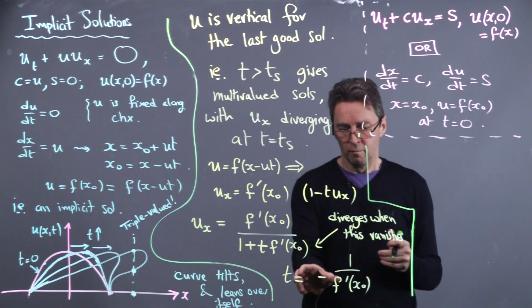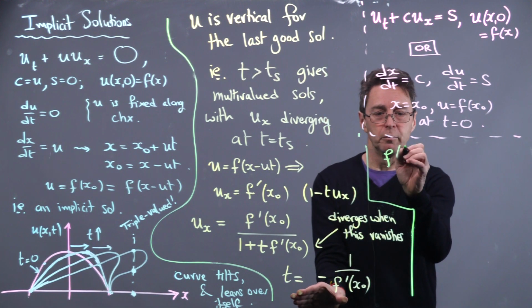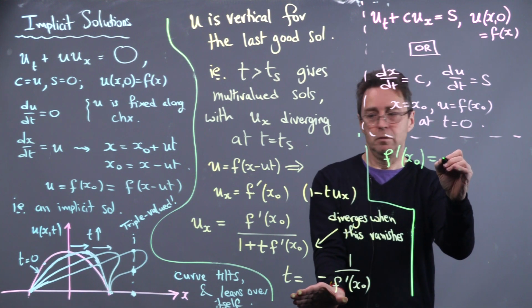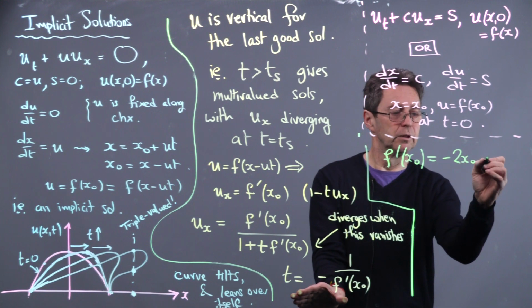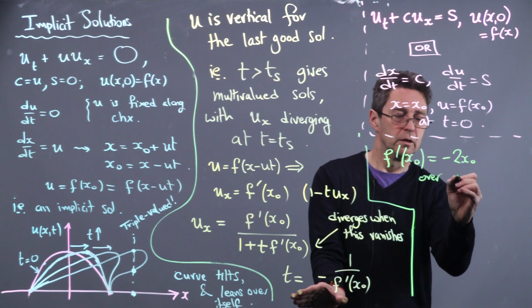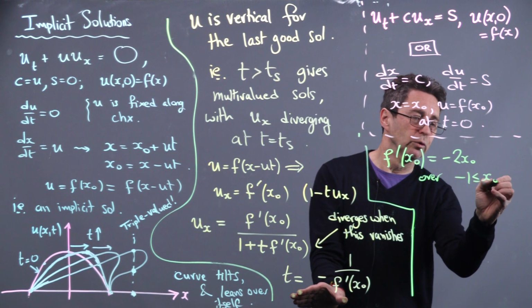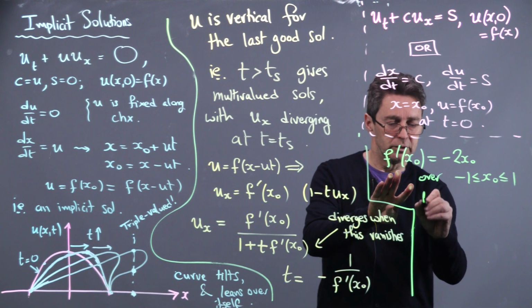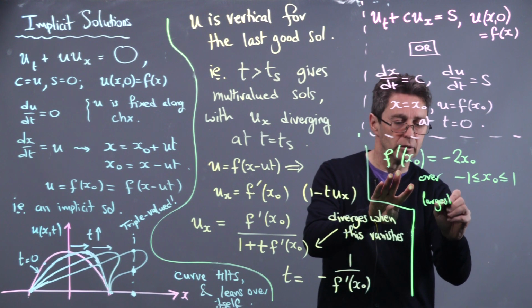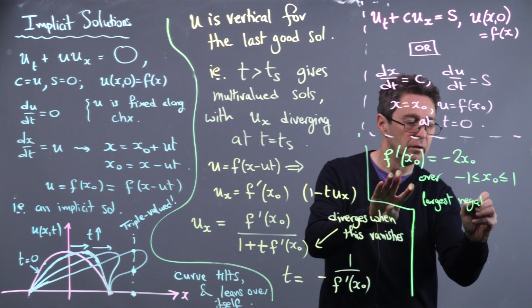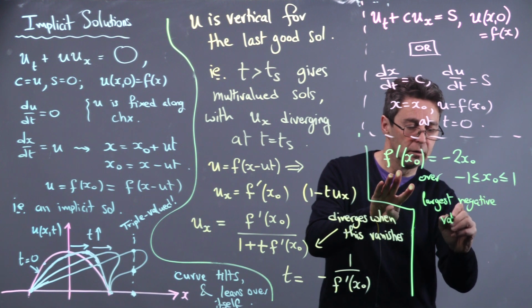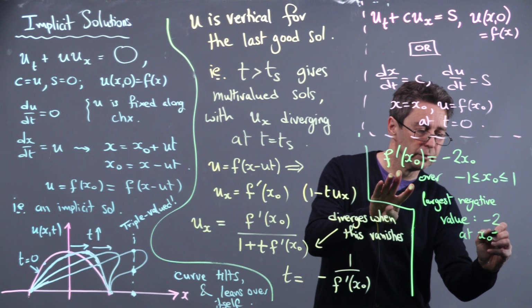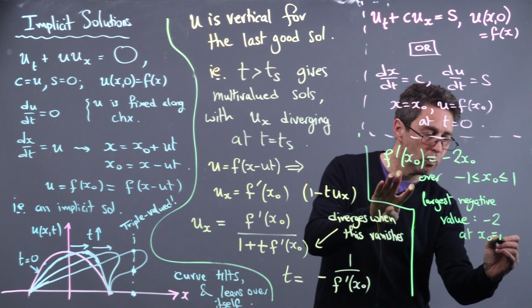Right, so what have we got? We've got f primed of x0 is equal to minus 2x0 over... the important interval here, so the largest negative value. That's obviously minus 2 at x naught is equal to 1.